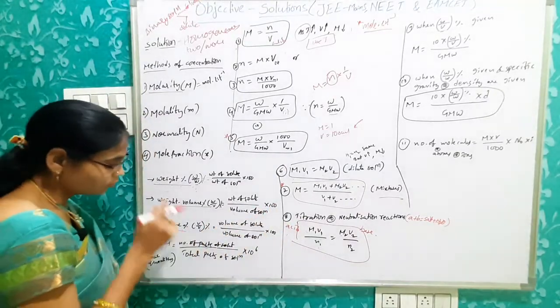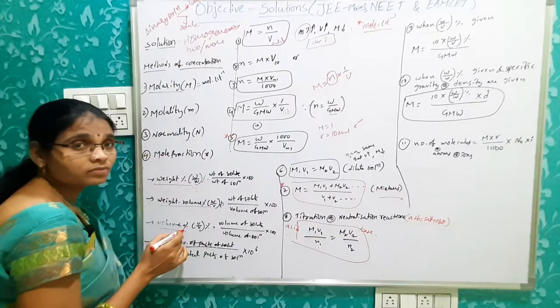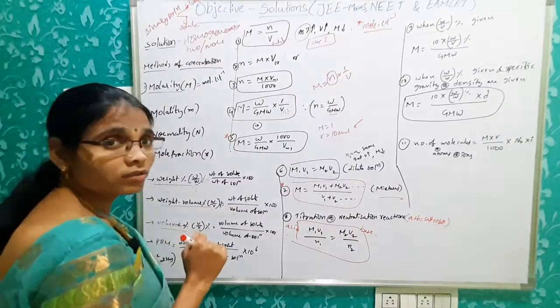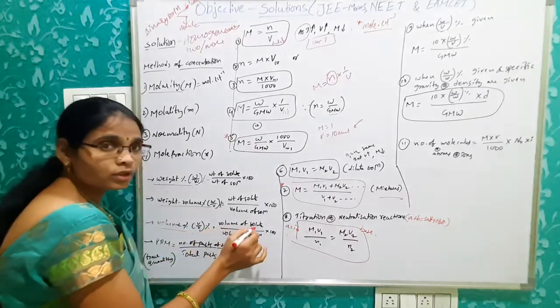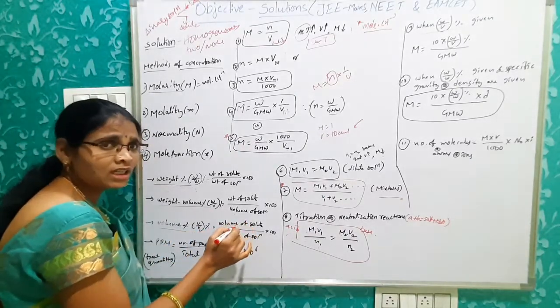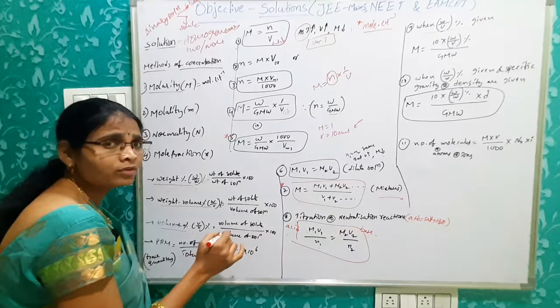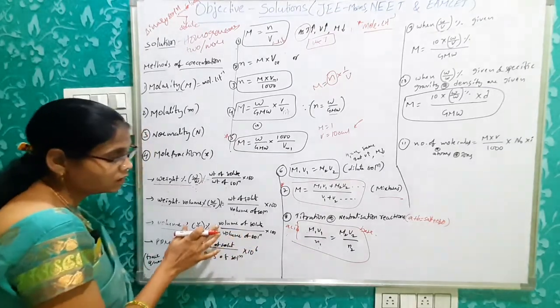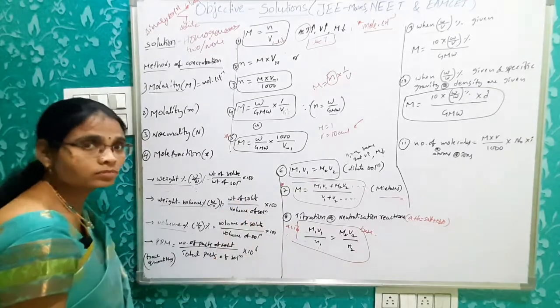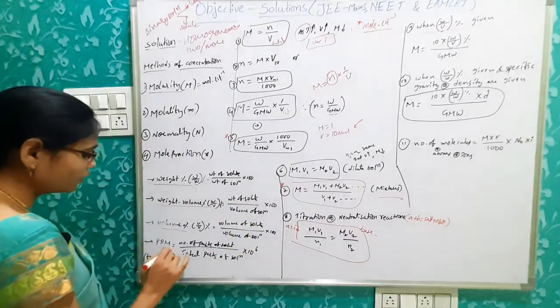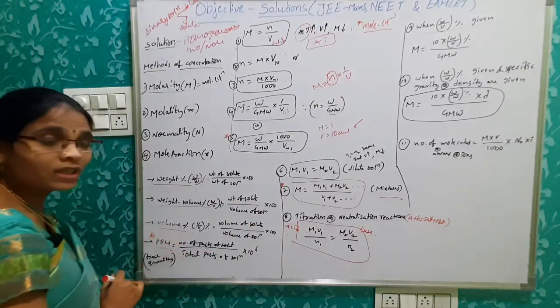Then volume percent: if the solute is also in the liquid state, we can use volume percent. It is the volume of solute in milliliters present in 100 ml of solution, so volume of solute by volume of solution into 100. Clear? Now ppm means parts per million.